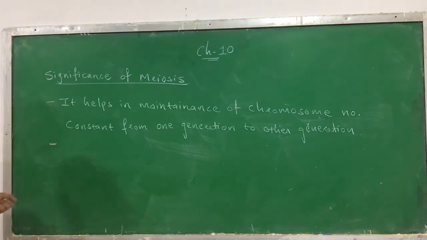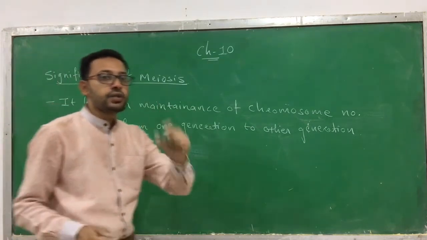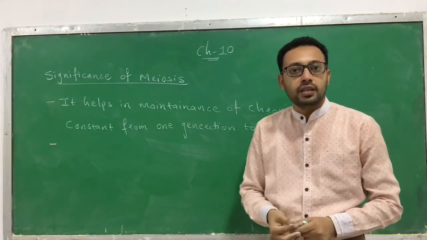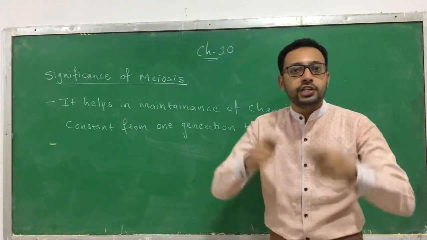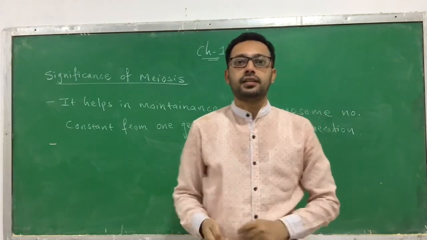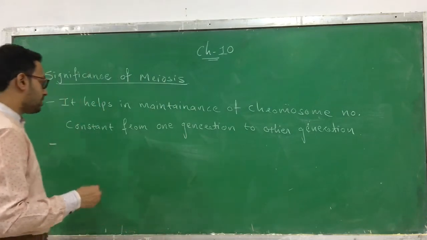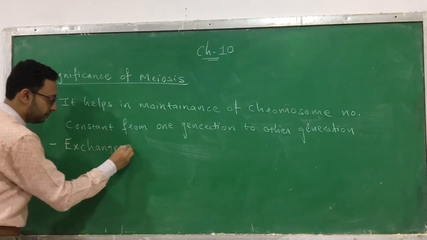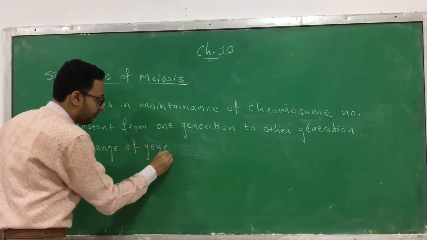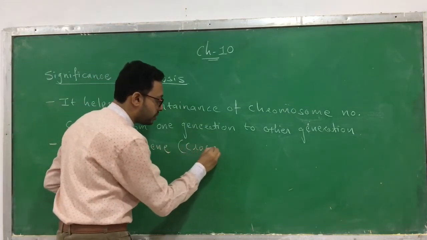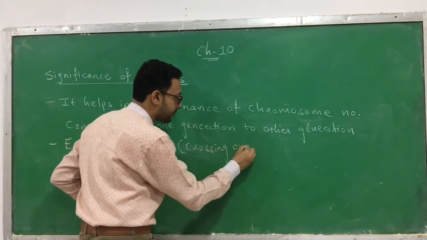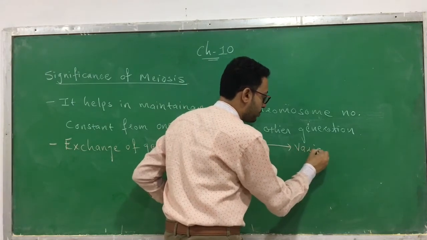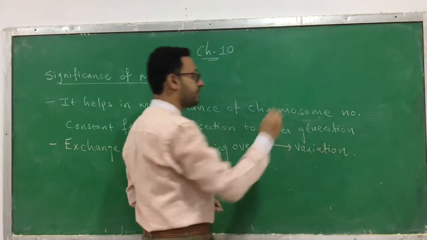significance is, you know that during meiosis, in the pachytene phase of prophase 1 of meiosis 1, crossing over takes place, and due to crossing over, the exchange of genes occurs. This exchange of genes is responsible for variation.